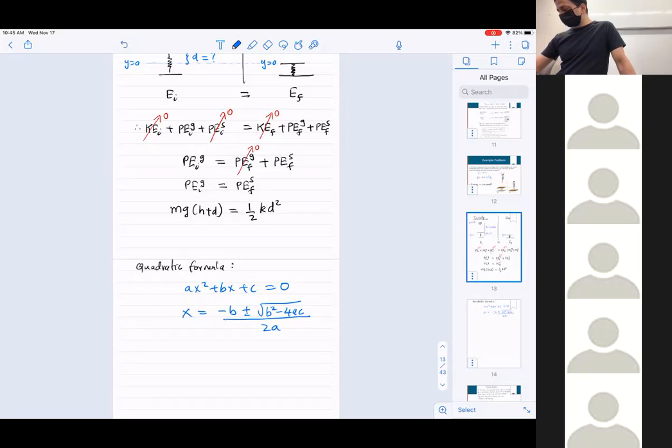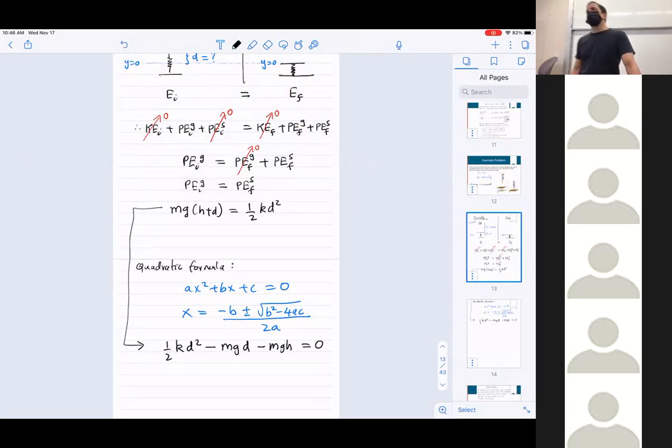Any questions on that? So what I'm going to do is I'm going to rewrite this formula in this form. I will have 1/2 kd squared, then I will have minus mgd, and then I will have minus mgh is equal to 0.